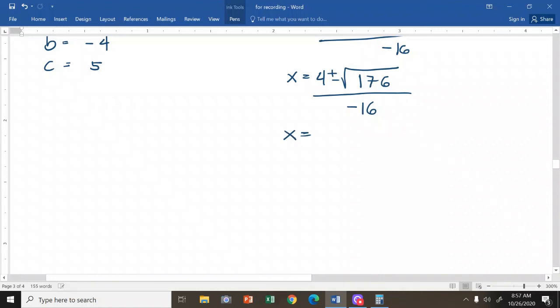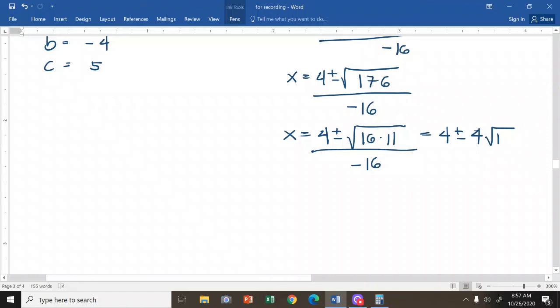So, meron tayong x is equal to 4 plus minus. Ang factors ng 176 is 16 and 11. So, lahat to di-divide natin by negative 16. Okay, so therefore, ito magiging 4 plus minus square root of 16 is 4. So, labas natin siya dito. So, may iwan si 11 sa loob ng radical sign. And this is equal to negative 16.